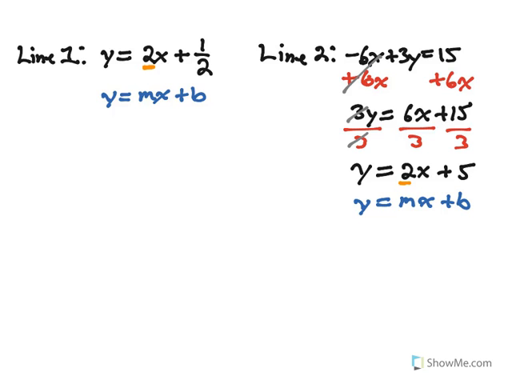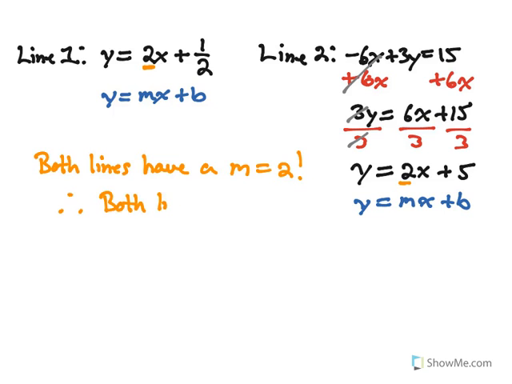So both lines have a slope equaling 2. So therefore, both lines are parallel.